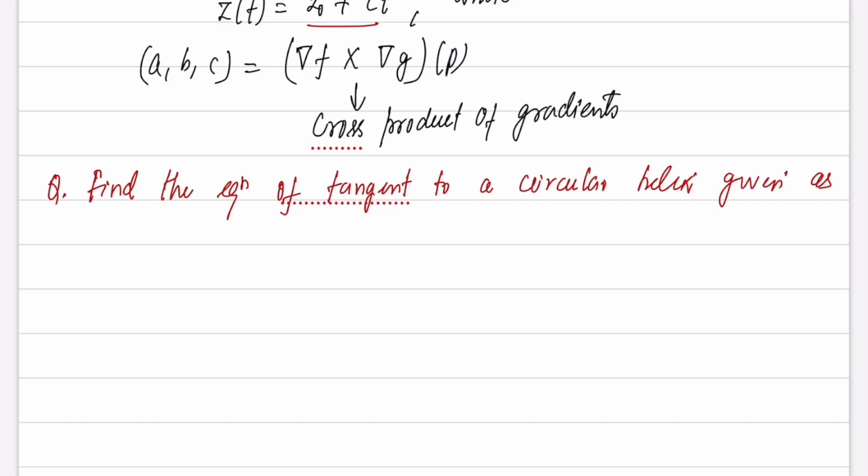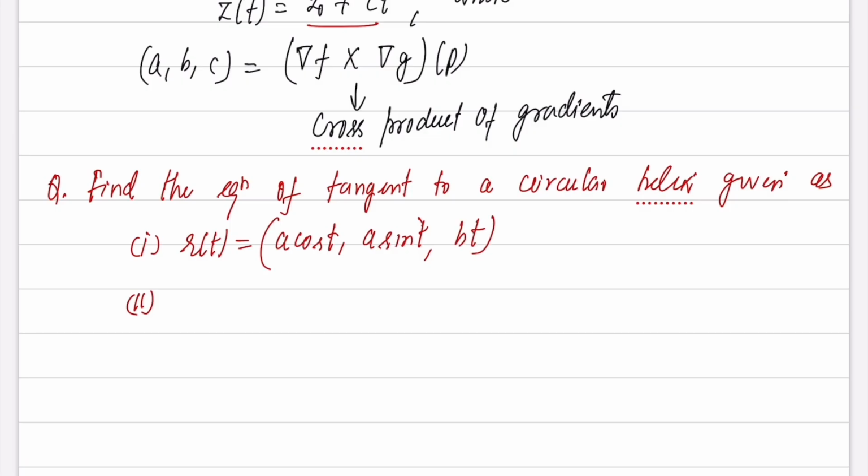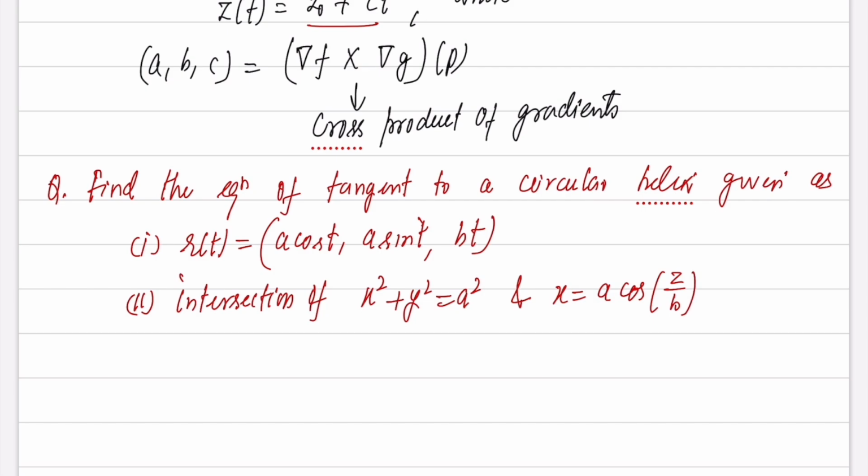We will take both representations of the circular helix, given as r of t equal to a cos t, a sin t, bt, which is in fact a circular helix wrapped around the z axis, and also as the intersection of two surfaces, x square plus y square equal to a square, and x equal to a cos z by b.